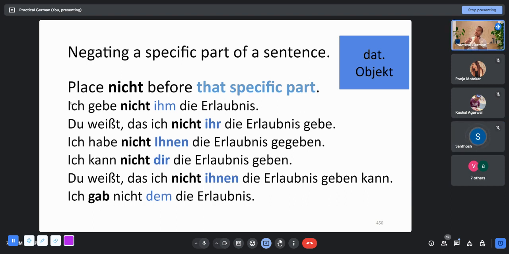And that is the direct object, so it's the accusative object. Now when you give something, someone receives it, right? So that is the indirect object, and that is the dative object. It's not the best explanation, but it works for me. So when we want to negate the dative object, all we have to do is place nicht before that dative object.